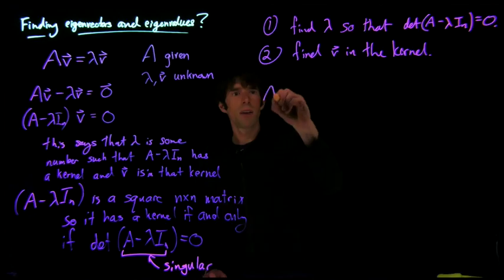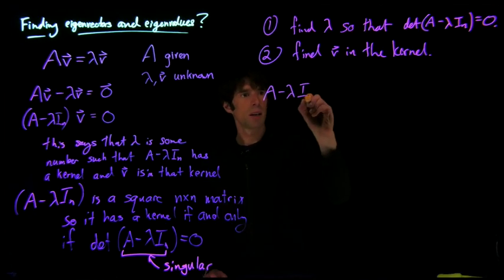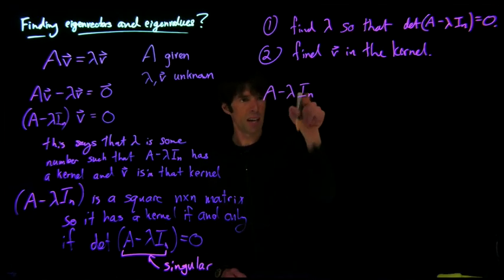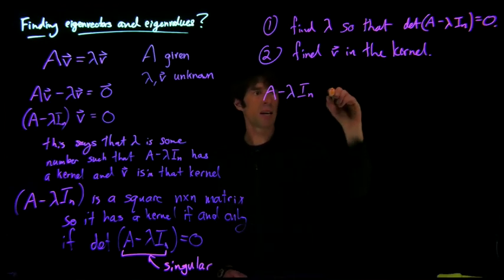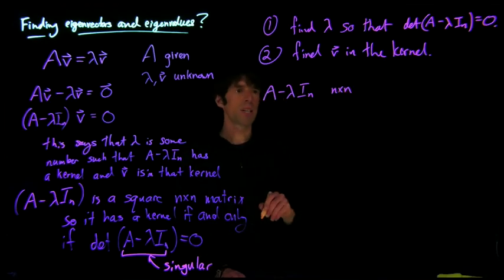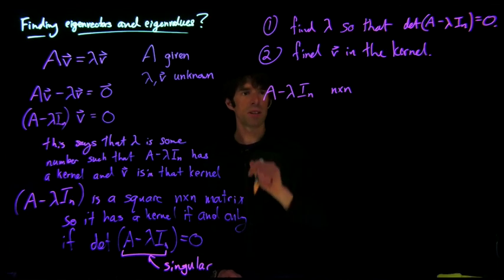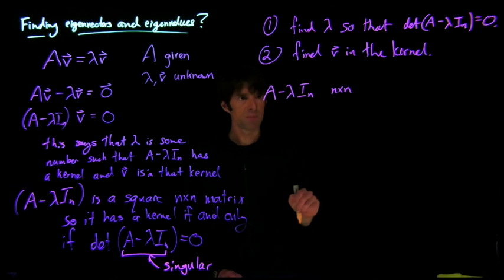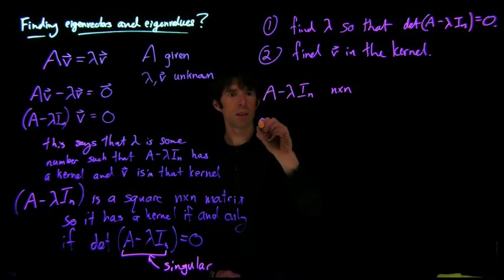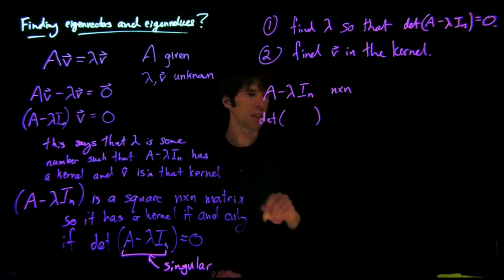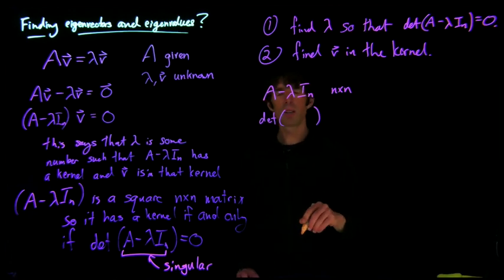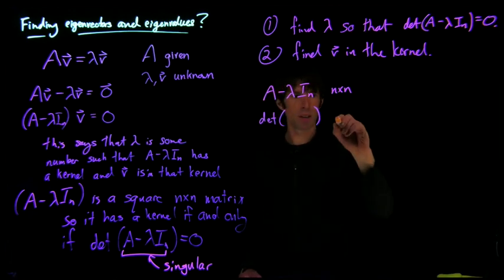So A minus lambda I, where I is the n by n identity. This is an n by n matrix, so we can take its determinant. We've got n copies of lambda down the diagonal here. So when we take the determinant of this thing, we get a polynomial of degree n in this variable lambda.